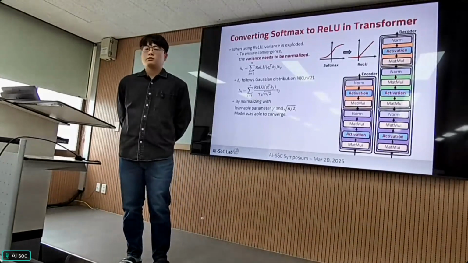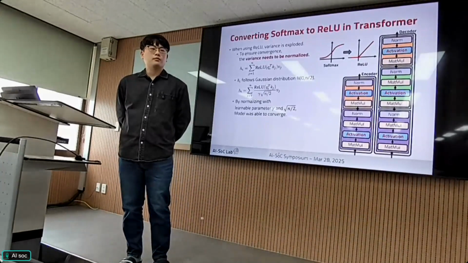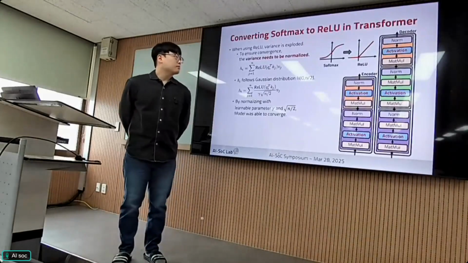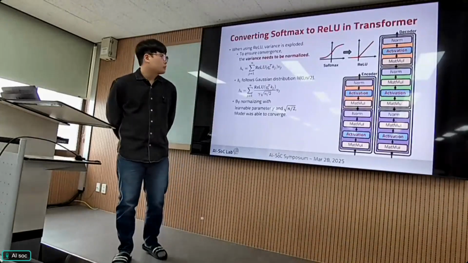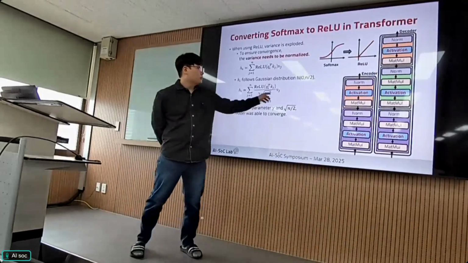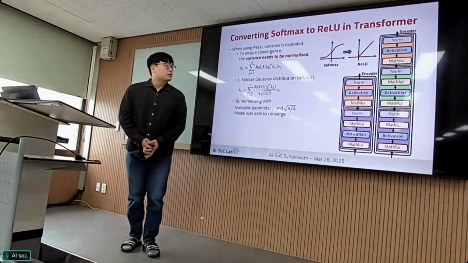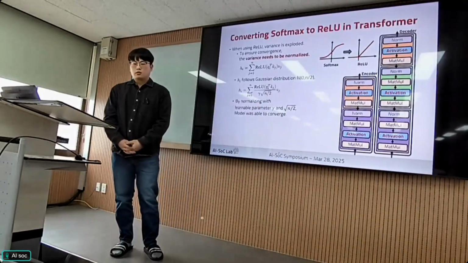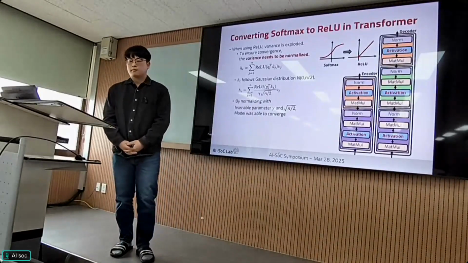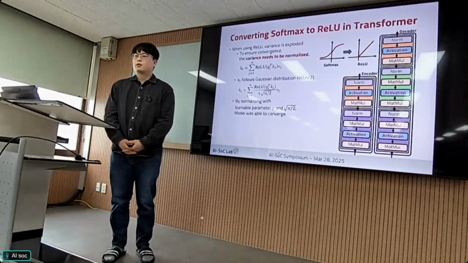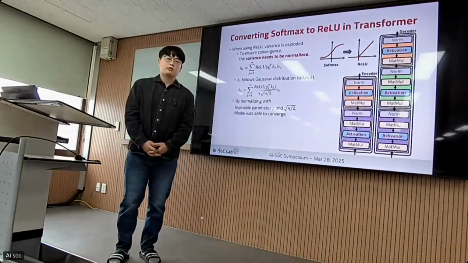To resolve this issue, we need to normalize the potential layers. I normalize the potential layer with standard deviation and a number parameter. With this normalization, the model successfully converged, and so output activation sparsity can rise in transformers.